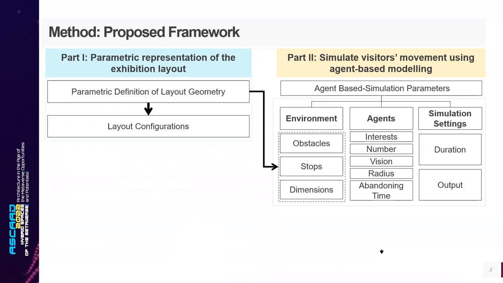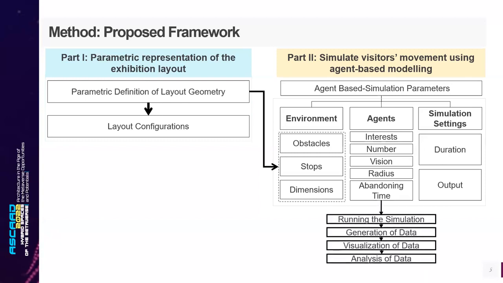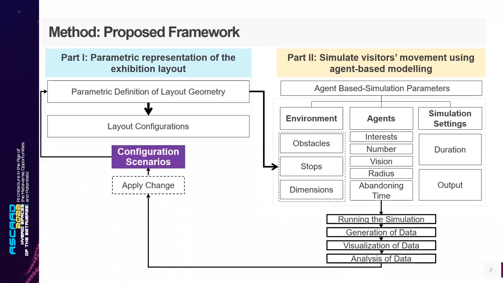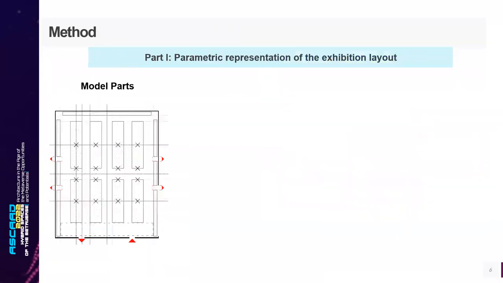Of course, the parametric definition of the layout is what defines the environment parameters. Then the simulation is run, the data generated, visualized, and analyzed. This leads us to know how we can apply changes for better configuration scenarios.